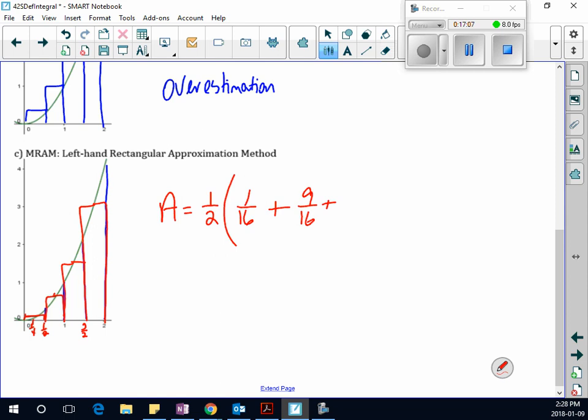What's halfway between 1 and 1.5? 1.25, which is 5/4, which is 25/16. Yes? And then my last rectangle is halfway between 1.5 and 2, which is 1 3/4. 1 3/4 is what? 7/4? Yes? So that would be 49/16.